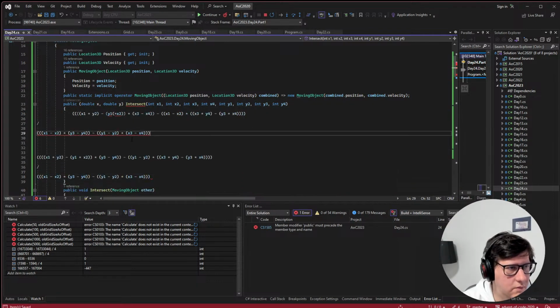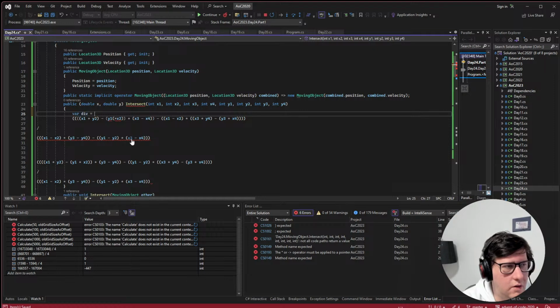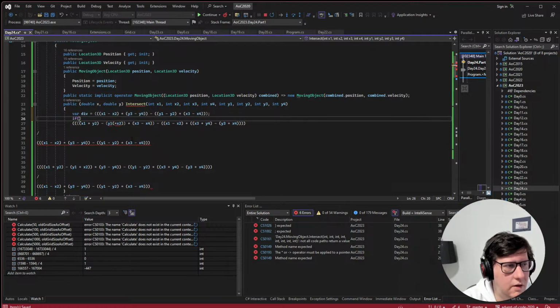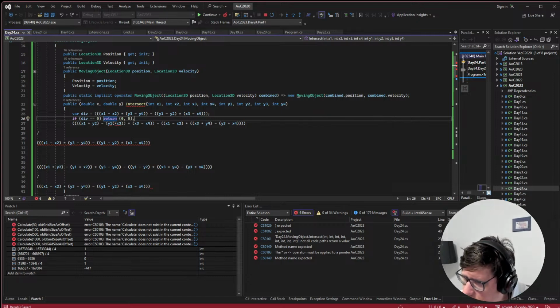Okay. Like this. If div is 0, return, would 0, 0 be a valid number? Okay. Use doubles for everything. No need for coordinates themselves, but doesn't hurt. Okay.